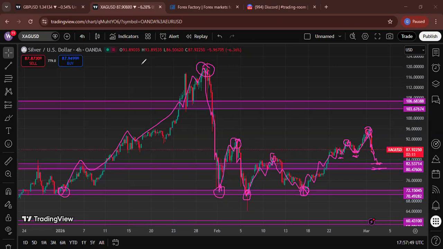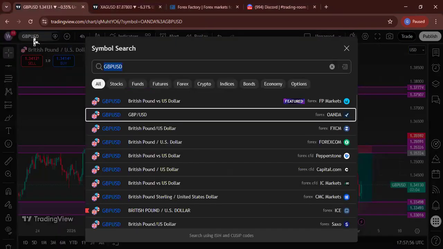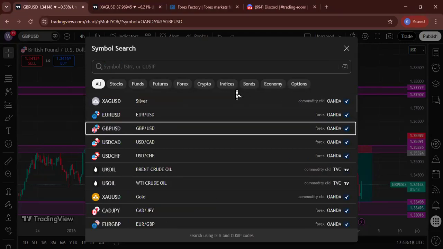Then USDCAD, let's see the zones for USDCAD.